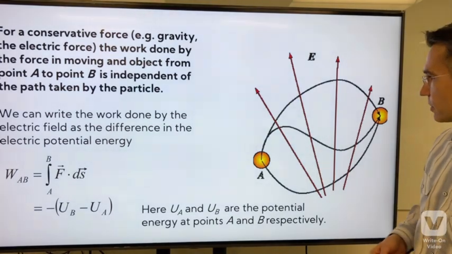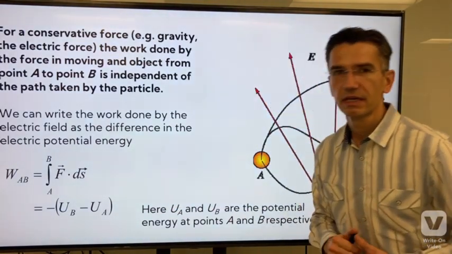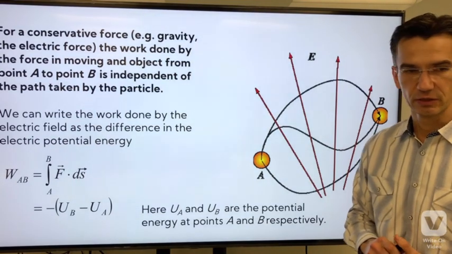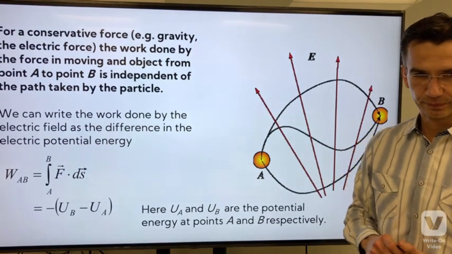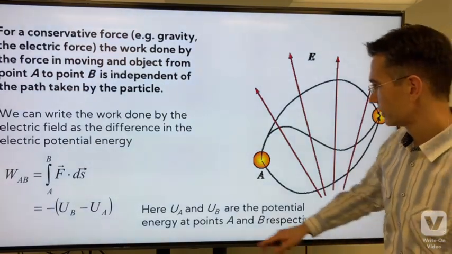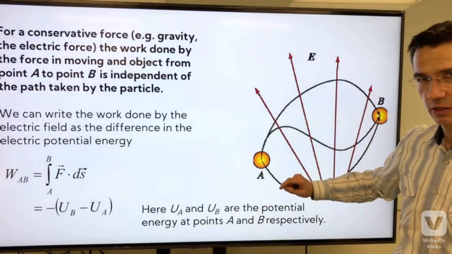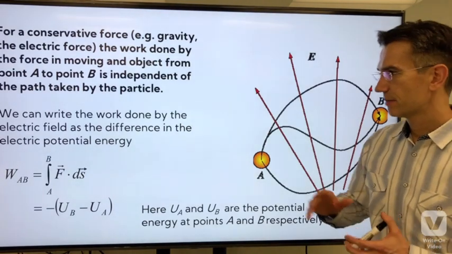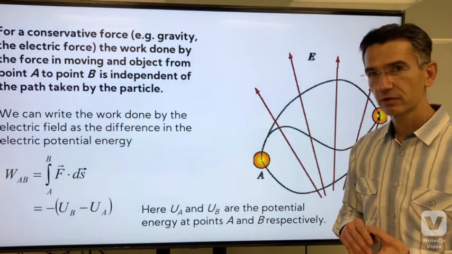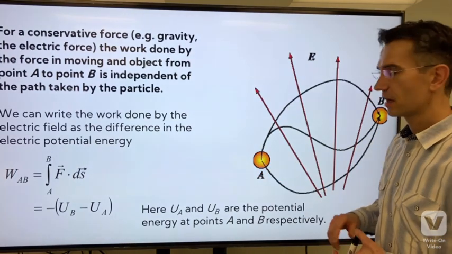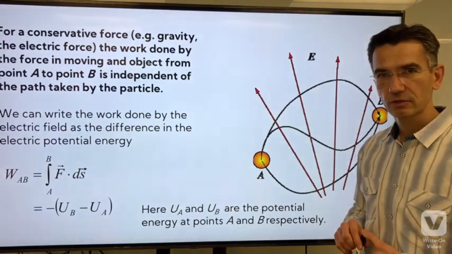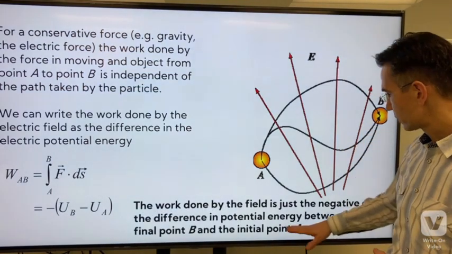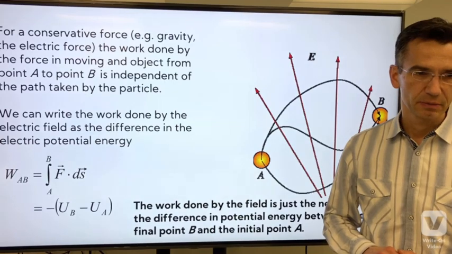And it's in fact also equal to the difference in the electric potential energy between the final and the initial points. UA here is the electric potential energy at point A, and UB is the electric potential energy at point B. The amount of work done by the electric field is the negative of the difference of the electric potential energy between point B and point A. And that's what this statement here summarizes.